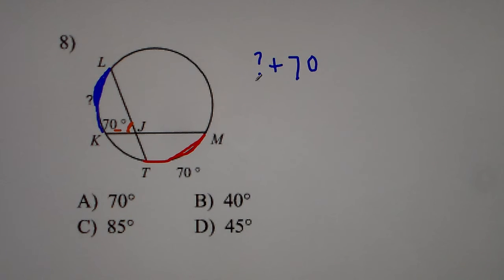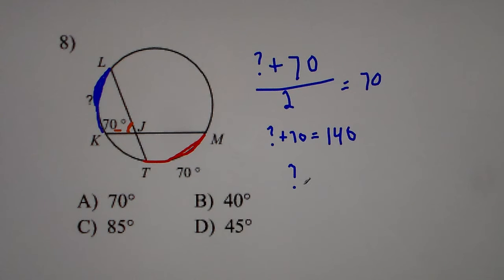Question mark plus that red arc of 70 degrees divided by 2 is equal to 70 degrees. Multiply by 2 to both sides. Question mark plus 70 equals 140. Subtract 70 from both sides and we're going to get the question mark equal to 70 degrees. 8 is A.